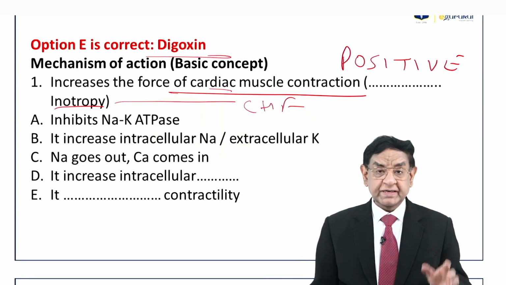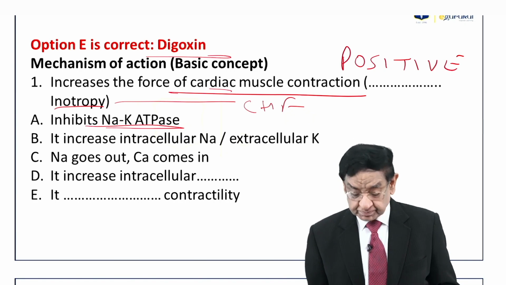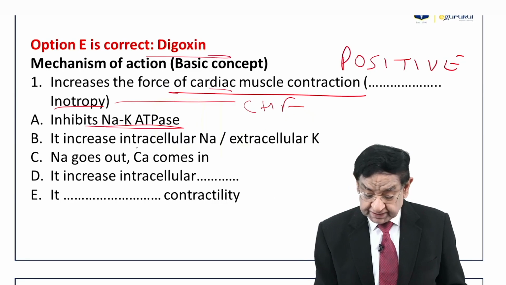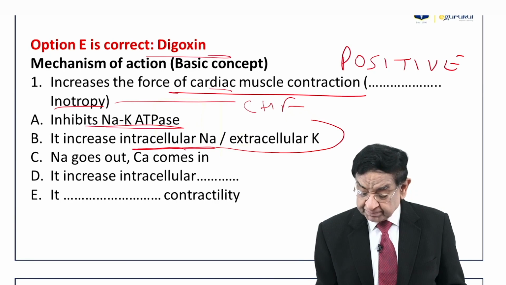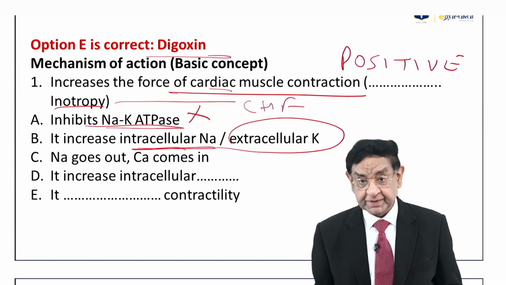Now, it inhibits the enzyme sodium potassium ATPase, and this leads to increase in the intracellular sodium and extracellular potassium because this enzyme is not working.